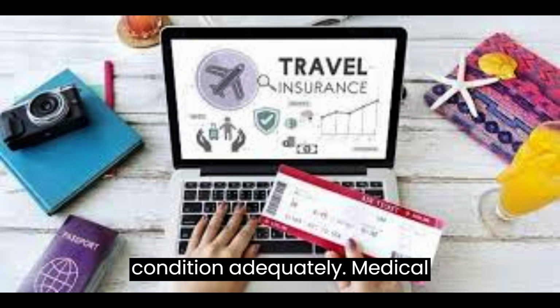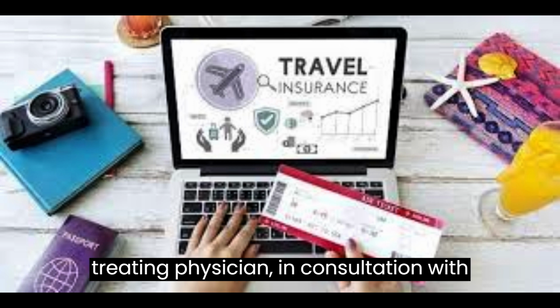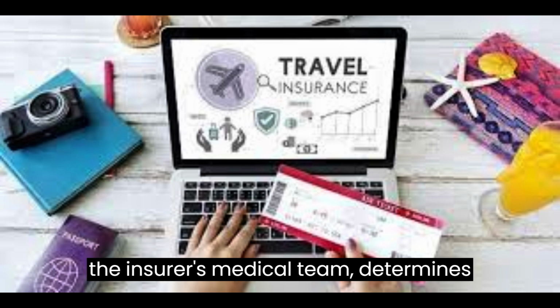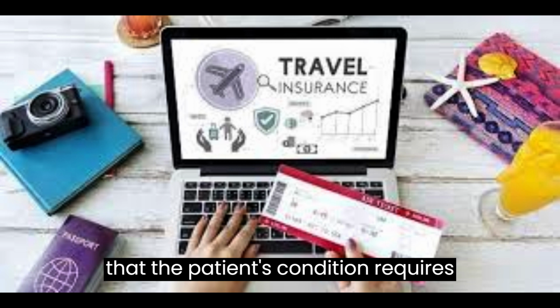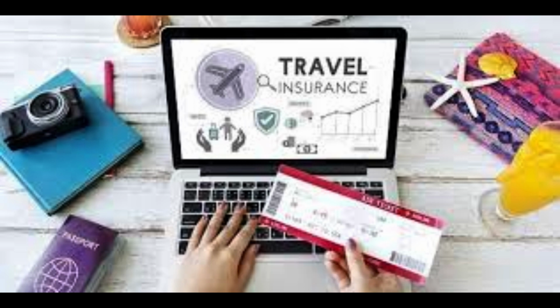Medical necessity: emergency medical evacuation is typically initiated when a treating physician, in consultation with the insurer's medical team, determines that the patient's condition requires urgent transfer to a different facility for appropriate medical care.